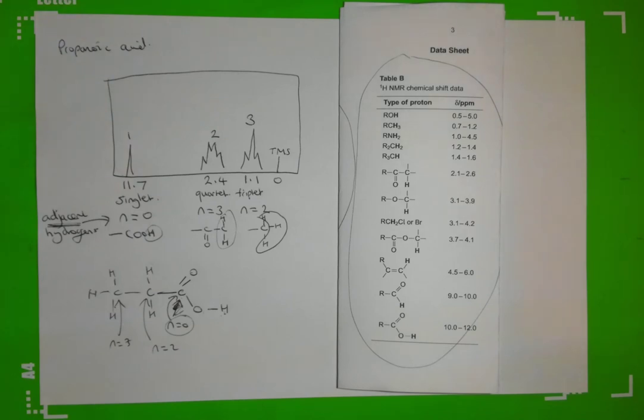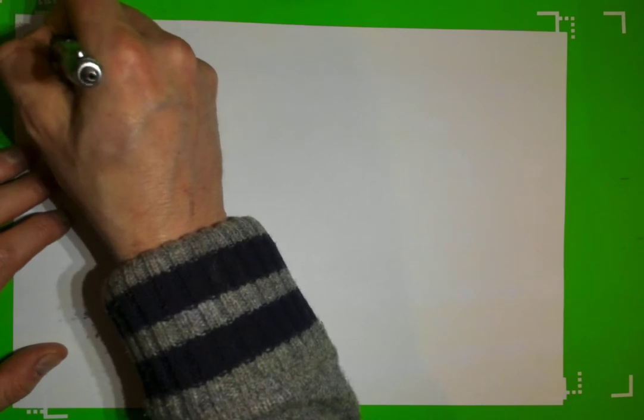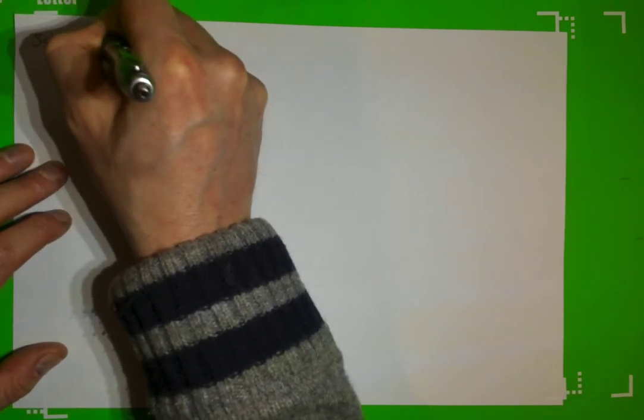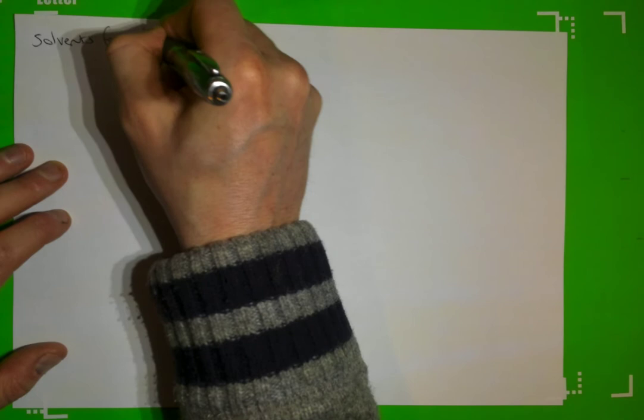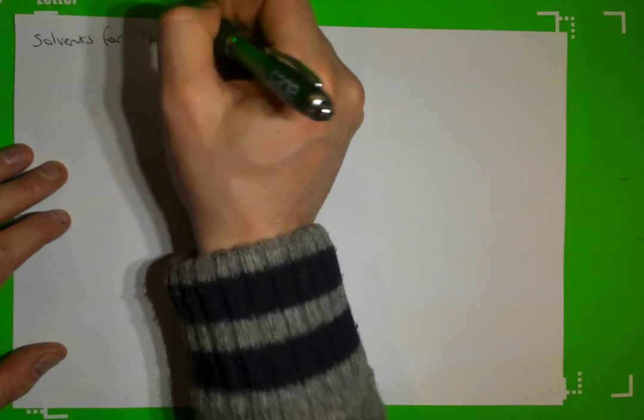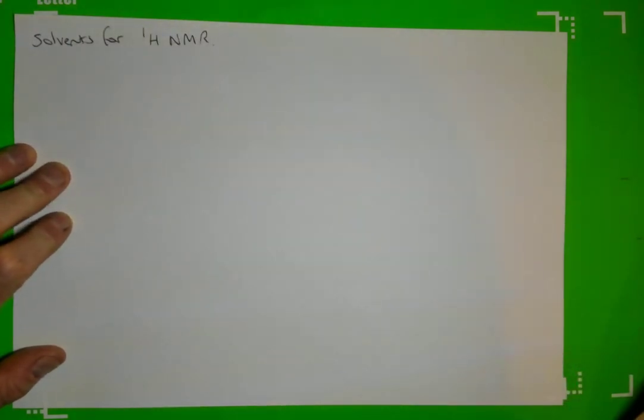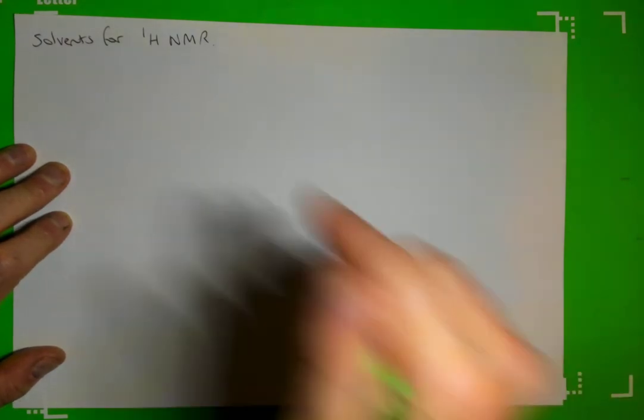Let's have a look at our solvents for proton NMR now. So NMR is normally run in solution. The solvent must not contain any hydrogen atoms.